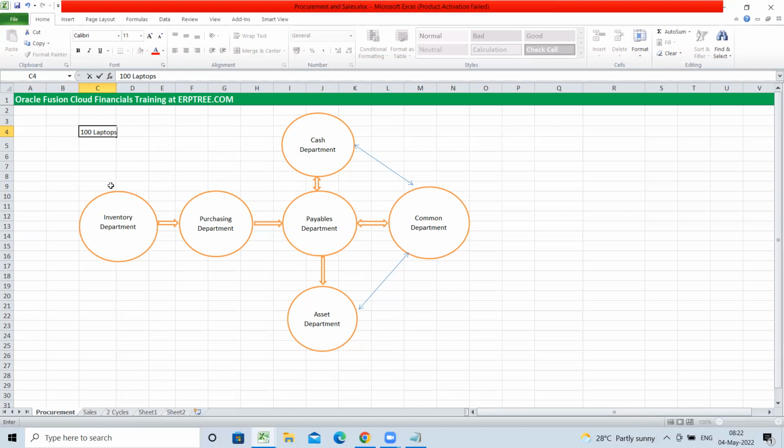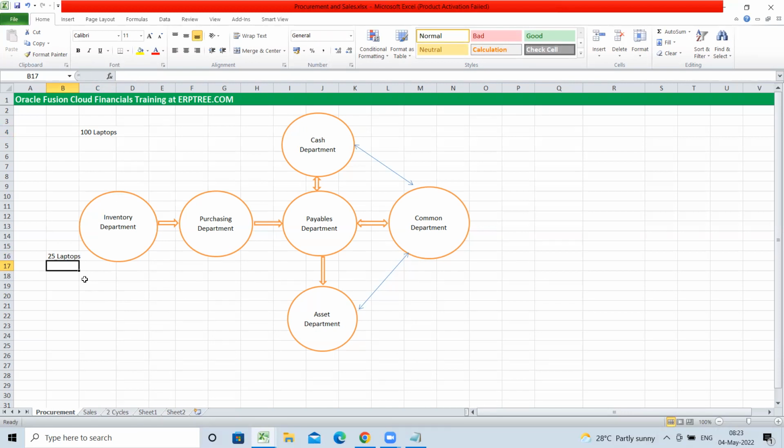Let's take a simple example. We received an order from the customer for 100 laptops, and when you check with the inventory department, it says only 25 laptops are available. Now we have a shortage of 75 laptops within the inventory.